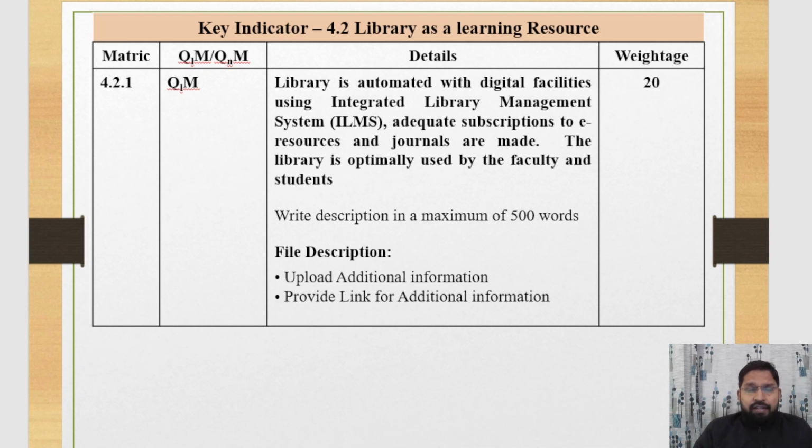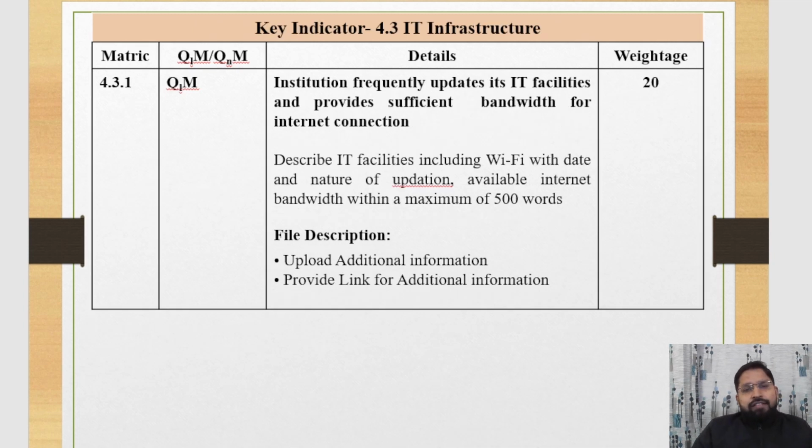Now we discuss the qualitative metric 4.3.1. In this qualitative metric, we discuss whether the institution frequently updates its IT facilities and provides sufficient bandwidth for internet connection.